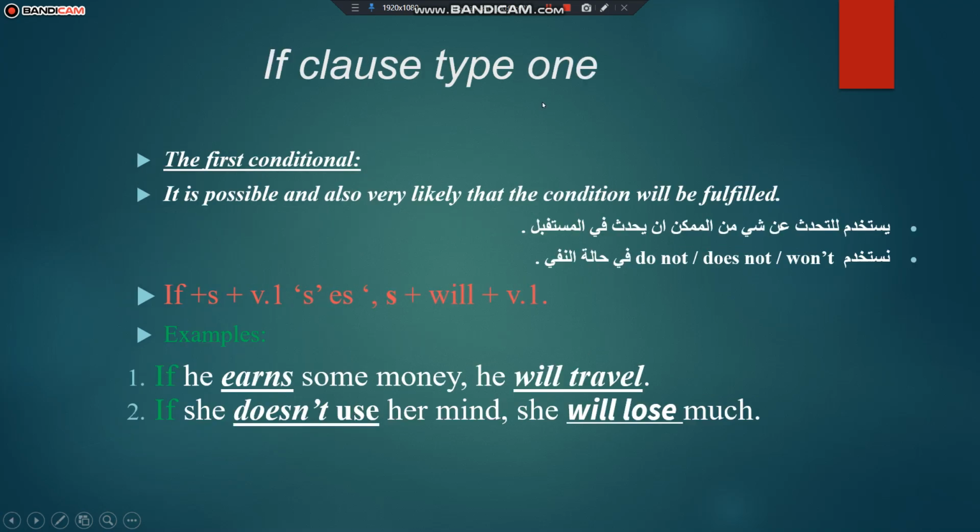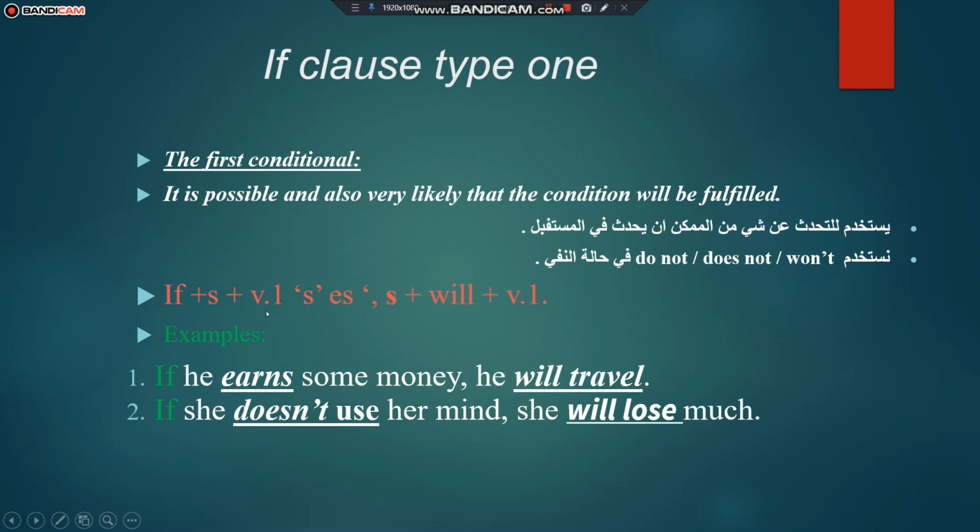We use if clause type 1 when we want to talk about a possible future situation. يعني a result of an action is possible. يعني to talk about possibility. يعني a result of an action isn't a fact. الفورم يا شباب, if plus subject with the if clause part or section.